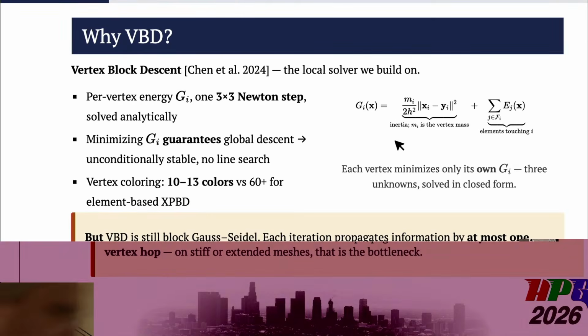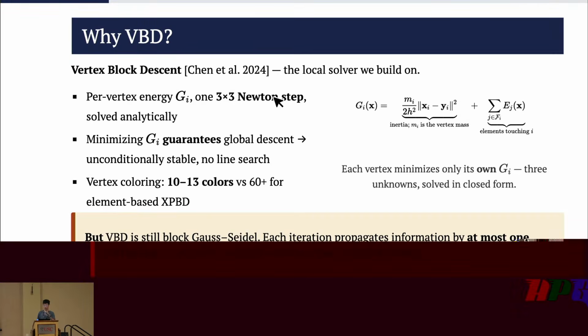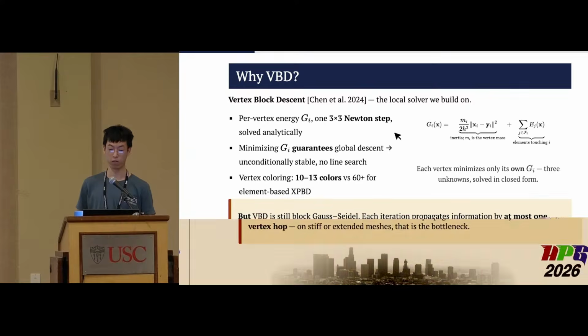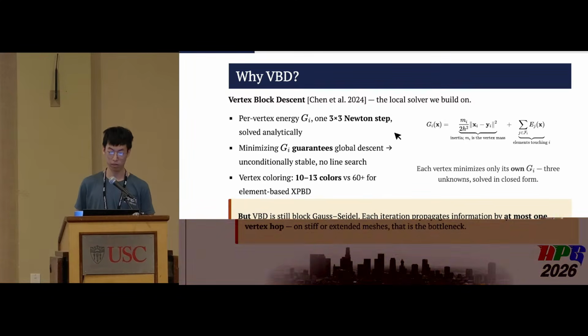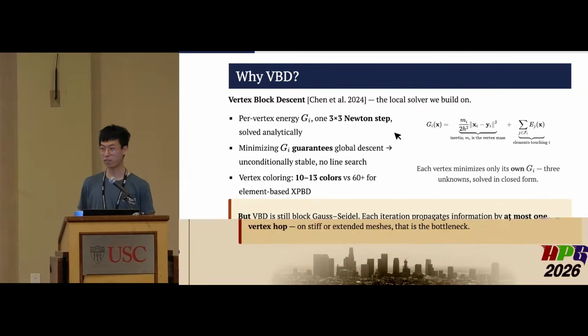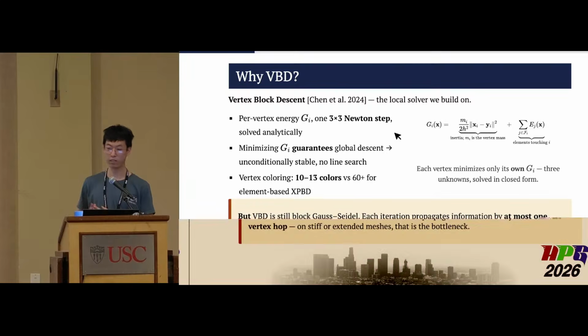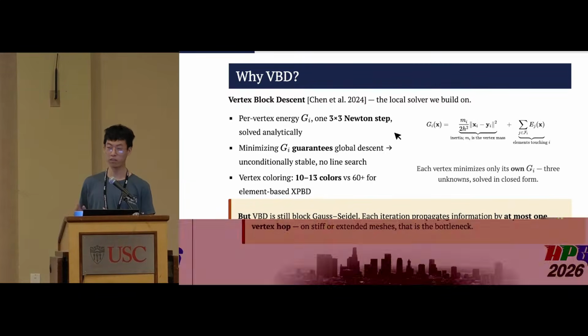We choose VBD, vertex block descent, as our baseline because it is one of the latest works on local solvers. You don't have to understand exactly how it works. You just need to know that it's a local solver, and it can guarantee global descent unconditionally.